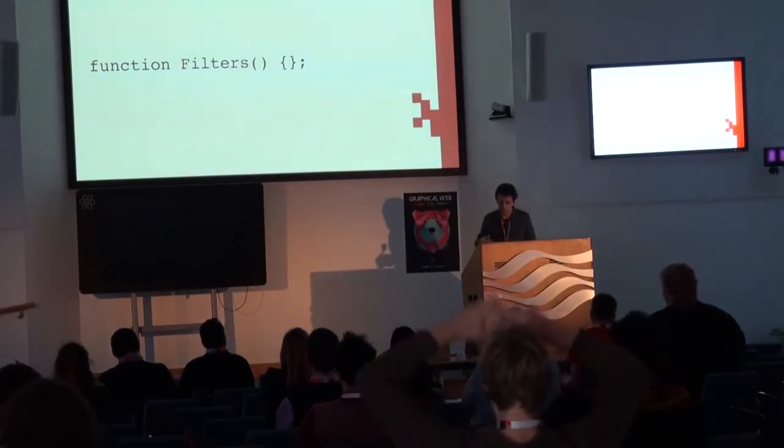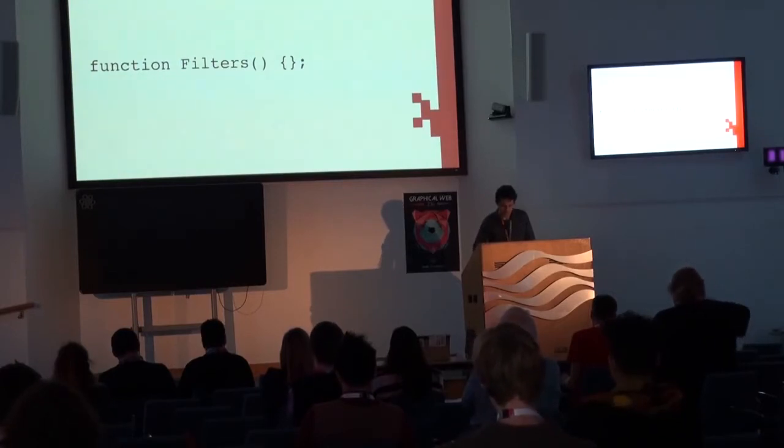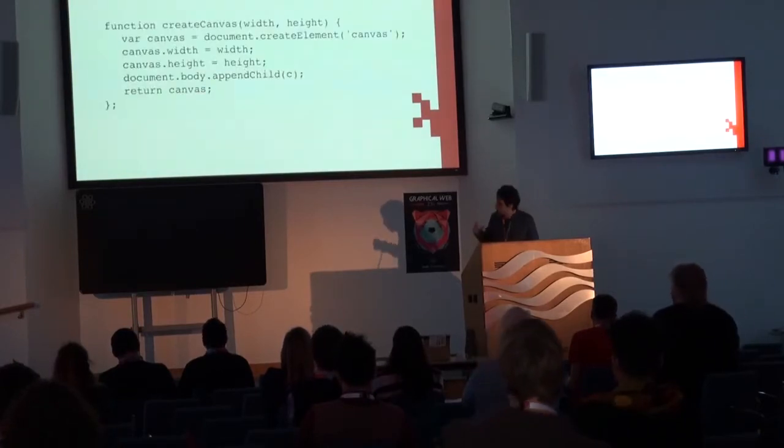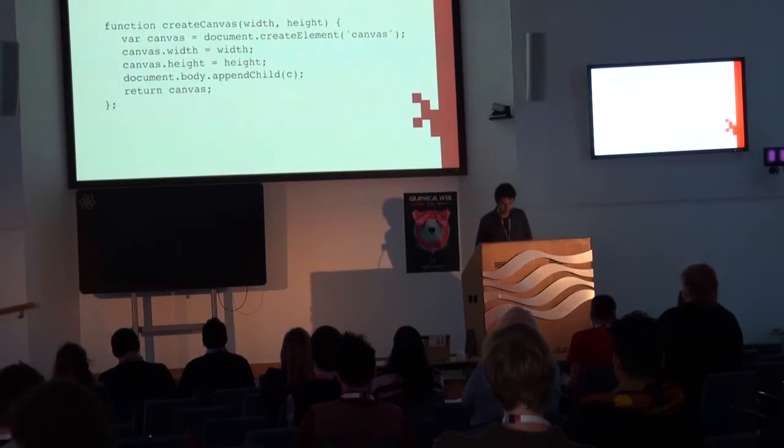But I will follow the approach by the class to show the example. Then we create or get Canvas. There is no pattern in that. Every library, every developer uses a different approach.